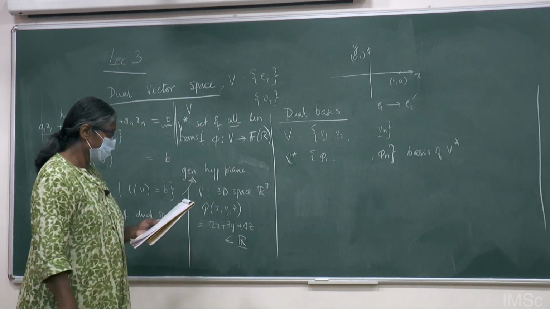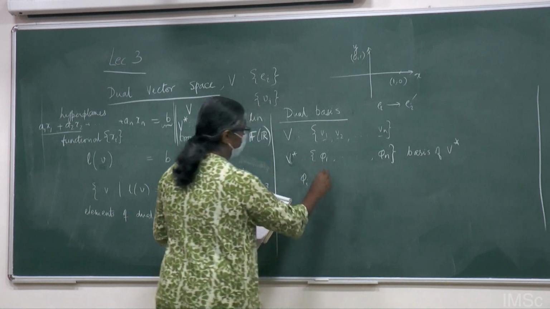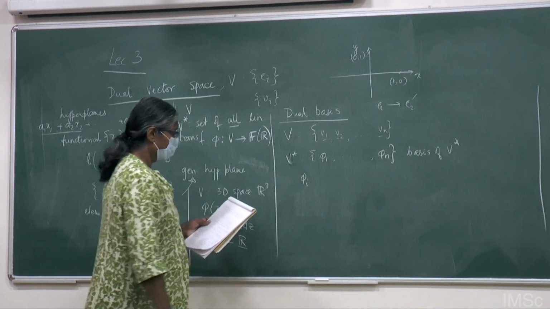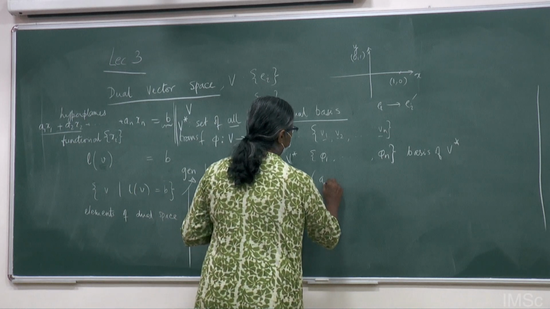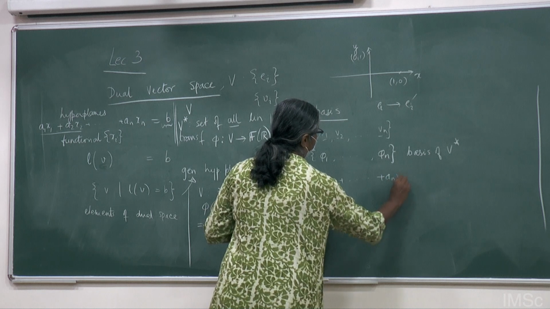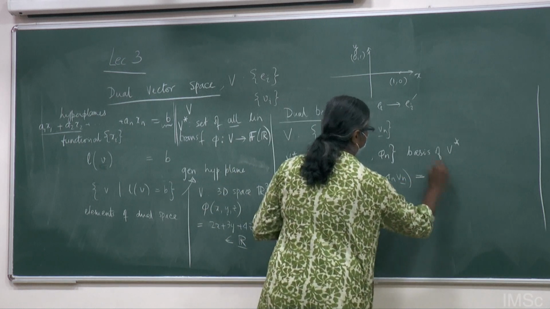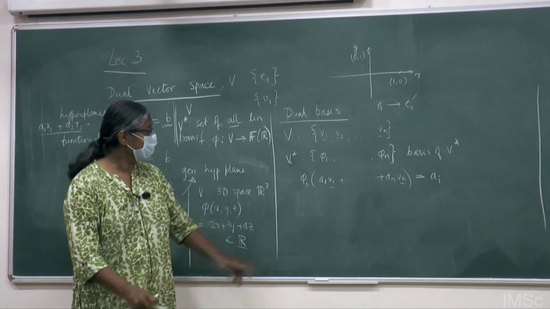In this particular case, phi i is defined as phi i acting on a1 v1 plus ... plus an vn is equal to ai. So let us look at it.